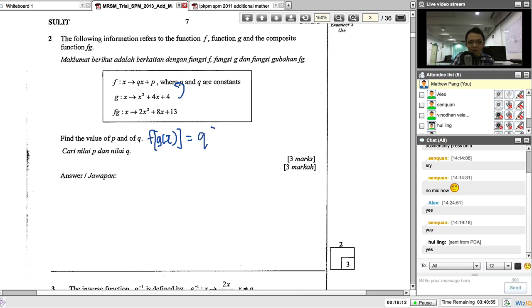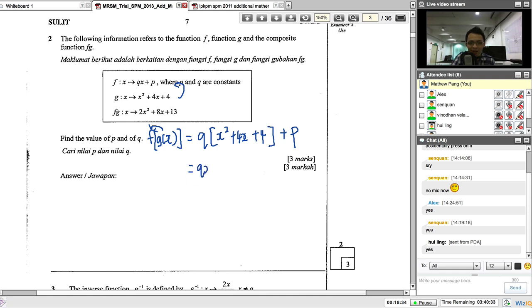This is qx plus p. Alright, because what is my x now? My x now actually is gx because I substitute gx into fx. So what is my gx? My gx actually is x squared plus 4x plus 4. So I just substitute into that.